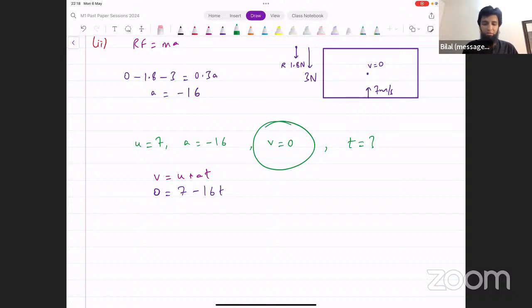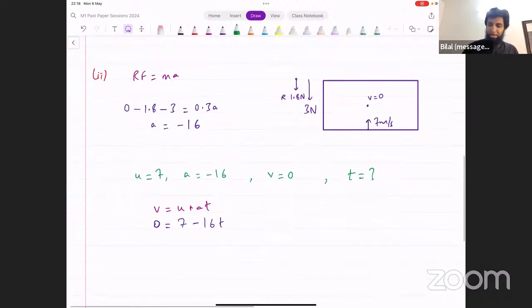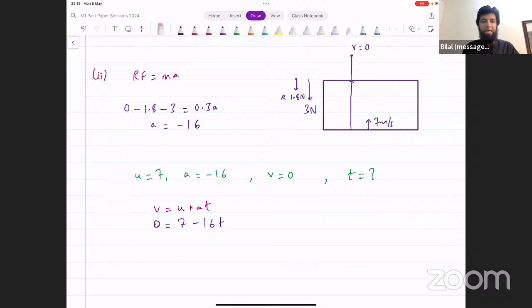It's actually going to reach the surface and then go out, and then at some point its velocity is going to become 0.